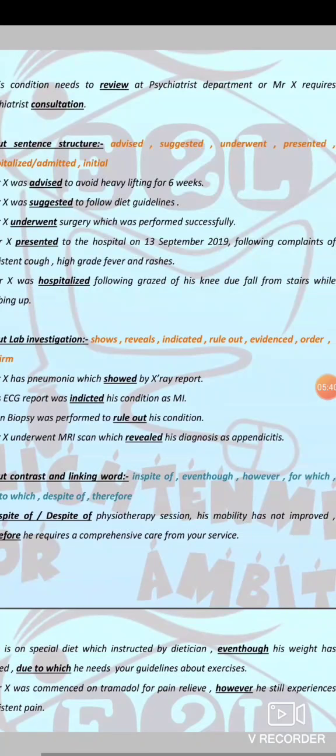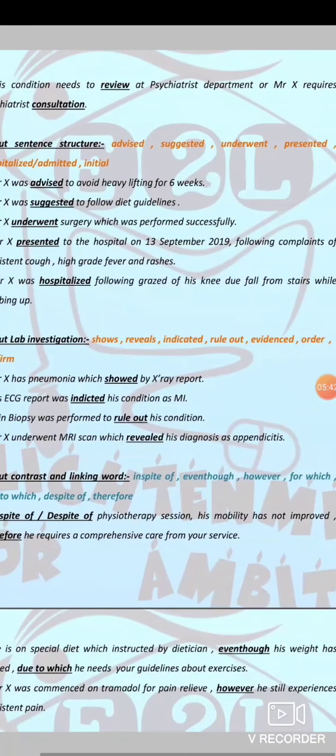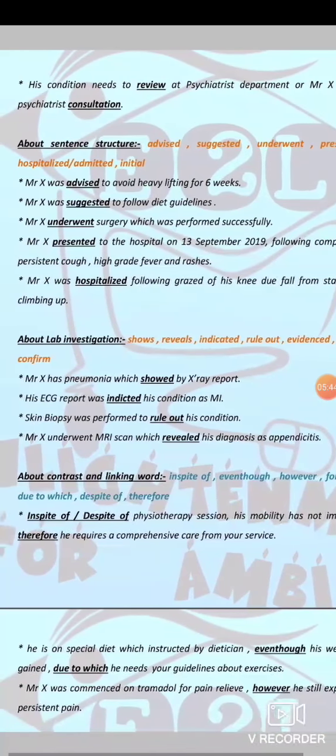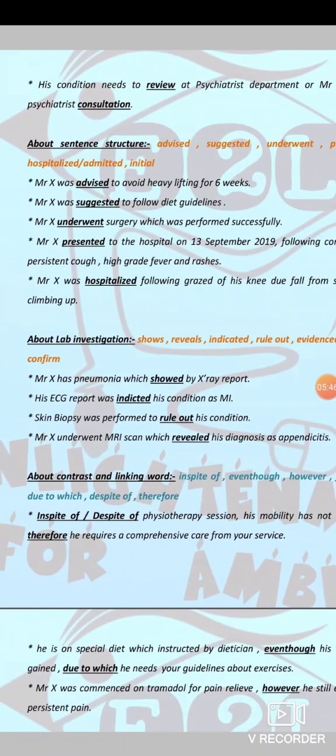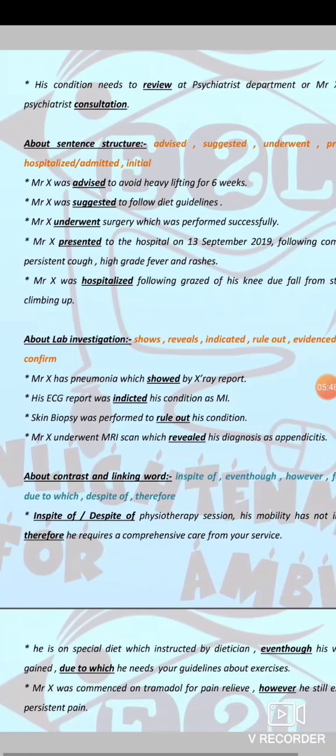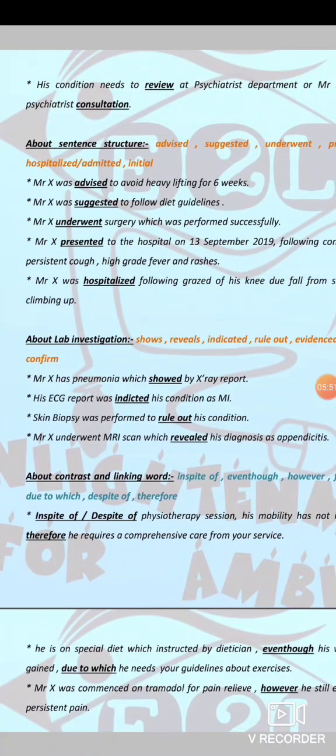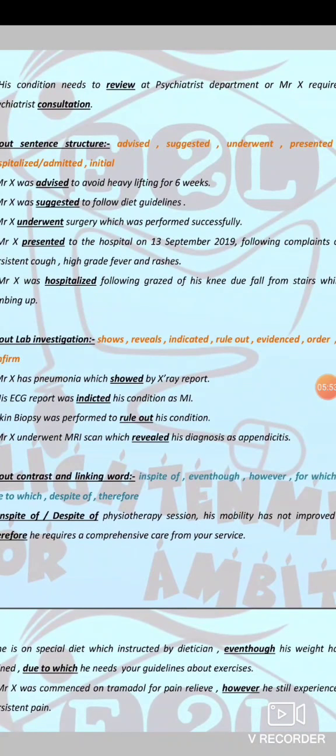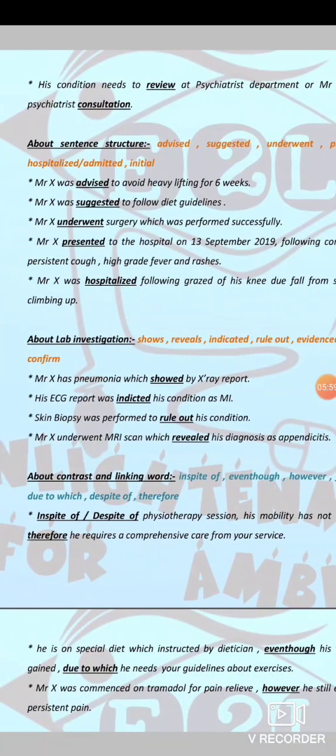Next one is order: he was ordered for X-ray, MRI or CT scan, he was ordered for a blood test. Confirm, as you know, you can use for any of these: X-ray confirmed his diagnosis, MRI confirmed his diagnosis.